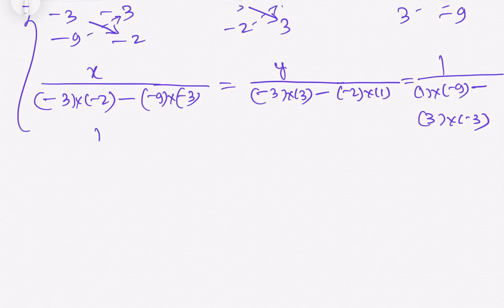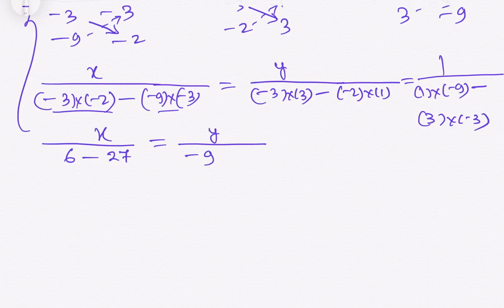Now x divided by, simplify this term. Minus 3 into minus 2 is plus 6. Now minus 9 into minus 3 is plus 27, so with the negative sign it is minus 27. For the y part, minus 3 into 3 is minus 9, and minus minus 2 is plus 2, so 1 divided by.